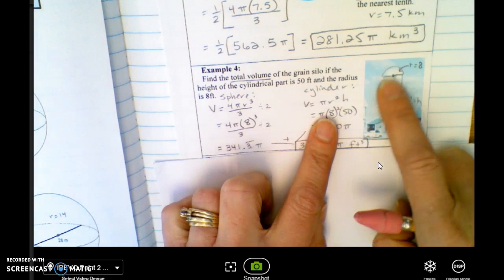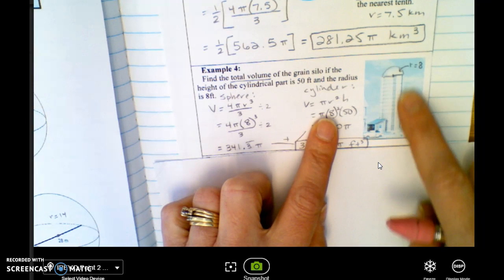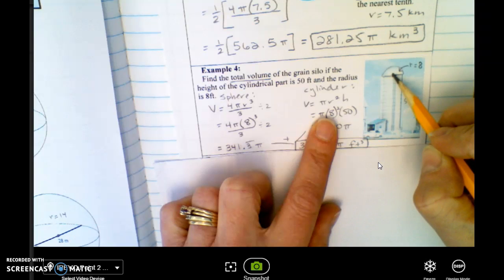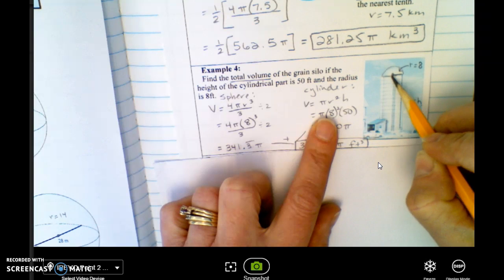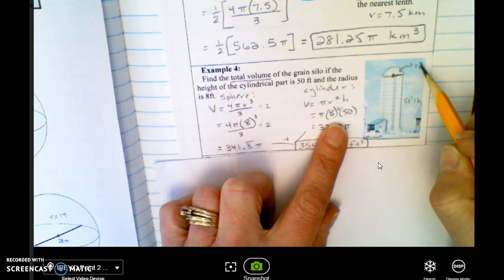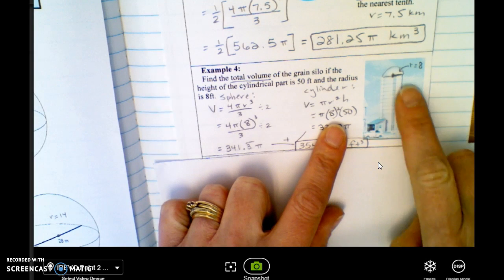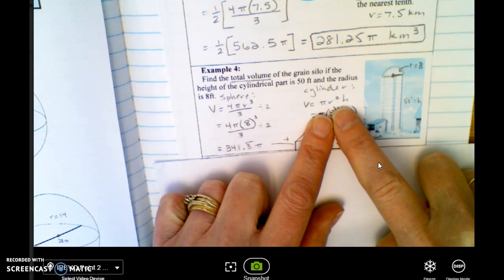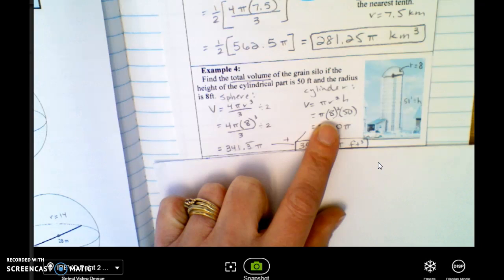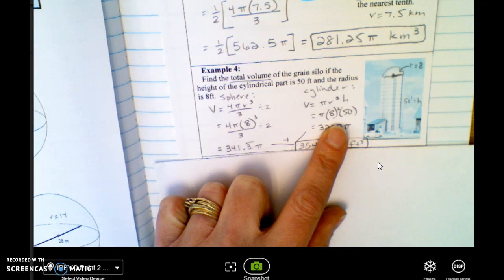The cylinder, the tall part of the silo, we can see has a height of 50. And because this half hemisphere, this half of a sphere, fits directly on top of the cylinder, we know that they share the same radius of 8. So we're going to go ahead and use the formula for a cylinder, pi r squared h. Our radius is 8. We're going to make sure we square it and multiply by the height of 50.